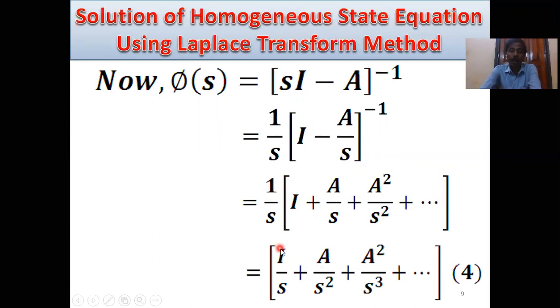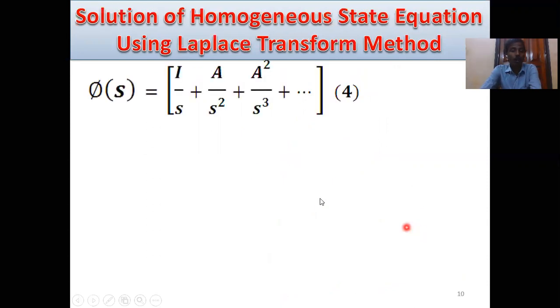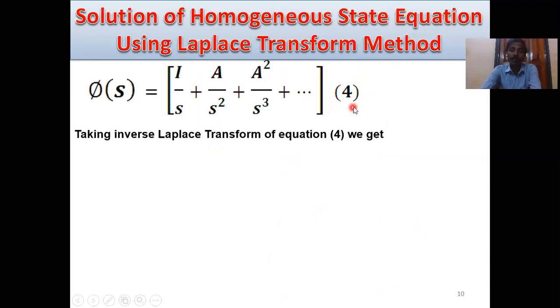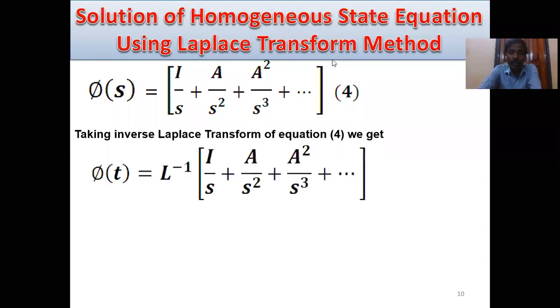Multiplying by 1 by s, we get I by s plus A by s square plus A square by s cube plus A cube by s to the power 4 plus so on, where phi of s equals this. This is equation number 4.